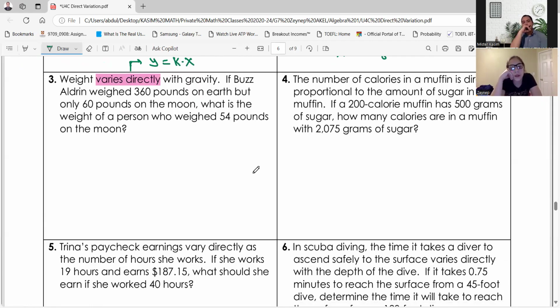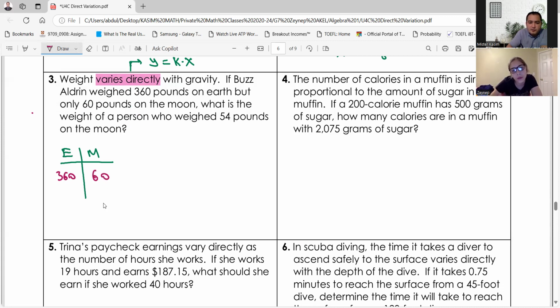If Buzz Aldrin weighed 360 pounds on Earth, but only 60 pounds on the moon, what is the weight of a person who weighed 54 pounds on the moon? So I can write Earth and the moon. On Earth, 360, on the moon, 60.